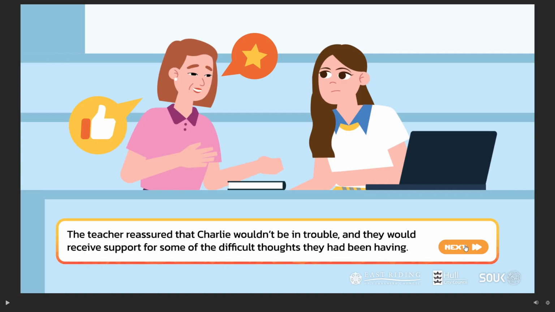Is it transitive if it's followed by a that phrase? No, I don't think so. So it's not the teacher reassured Charlie that they wouldn't be in trouble. It's the teacher reassured that Charlie wouldn't be in trouble. Yeah.